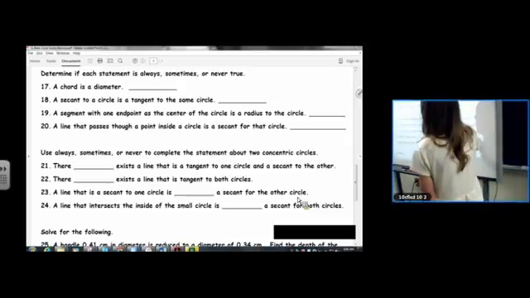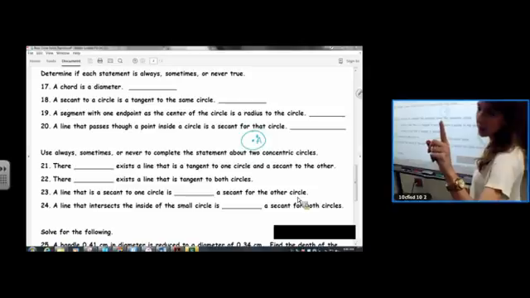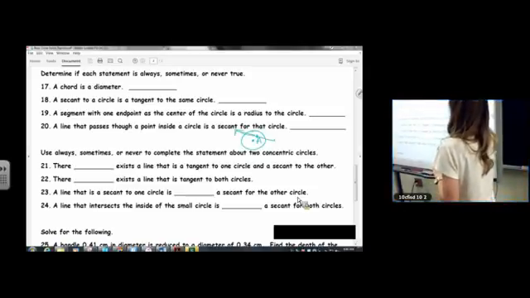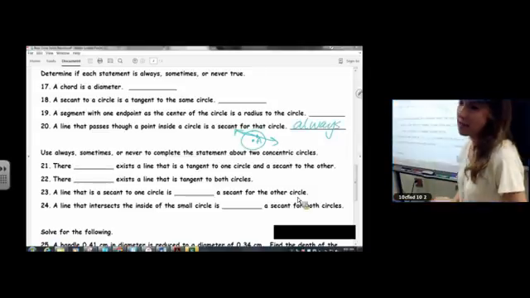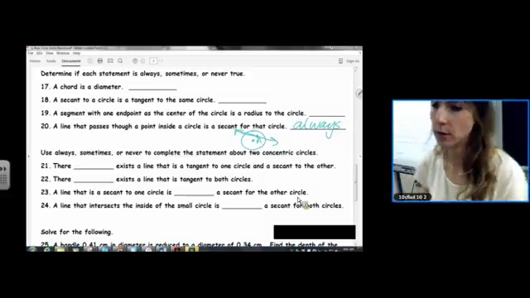So if I'm in flatland and if I have a point inside my circle, let's call it point A, then if I'm a line, so I go on forever, and I pass through A, I have no choice but to be a secant. I am always a secant because I'm going to hit my circle twice, always, because A is inside my circle.